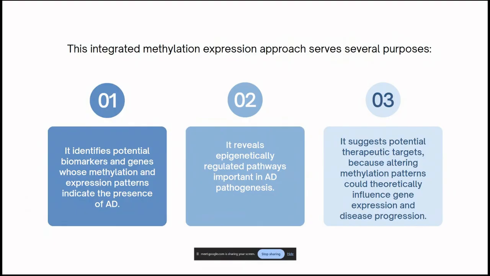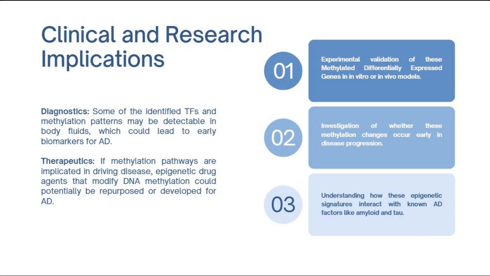So this is especially important since epigenetic marks like methylation can be influenced by environmental factors such as lifestyle or even drugs. Clinical and research implications, like diagnostic: some of the identified transcription factors and methylation patterns may be detectable in body fluids, which could lead to early biomarkers for Alzheimer's disease.